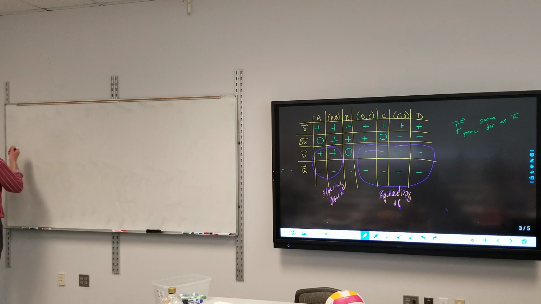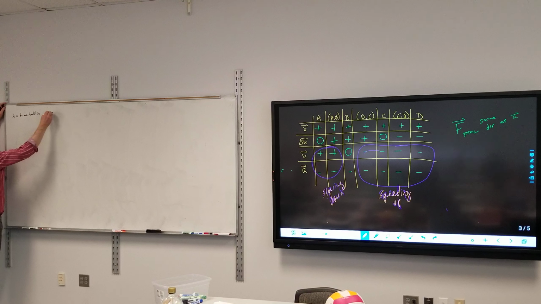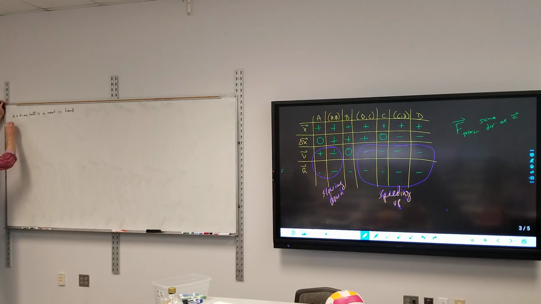All right, so A, time ball is at rest in hand. B, is at rest in hand, and hand starts to move upward.